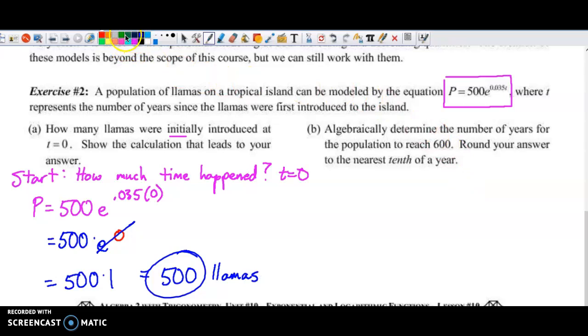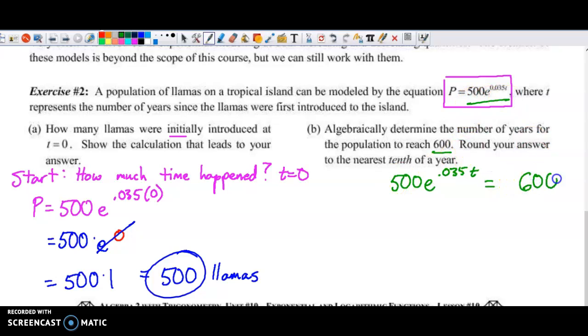And then we can do some algebra to see when the population of llamas will get to 600. And so what we're going to do, based off of the previous lesson, is set this equation that they gave us equal to 600.